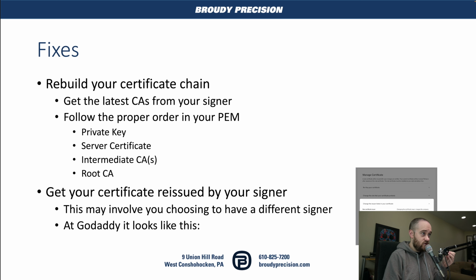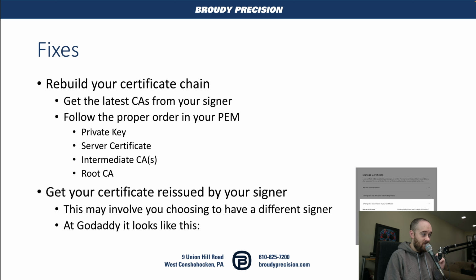One of the features of certificates and the way that the signing chain works is that you can do what's called cross-signing, where there are multiple chains that a specific certificate can follow to get to something that will be accepted by browsers everywhere. So what I found is that sometimes you won't even need to re-sign your certificate.